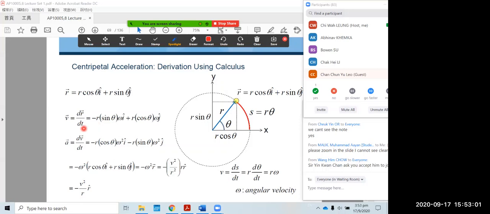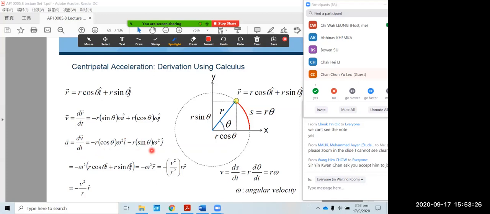For those of you who have learned calculus, it is simple. For those of you who do not know calculus, it is ugly. In any case, we forget about them. Similarly, acceleration is the derivative of the velocity with respect to time. Again, the operations, we forget about them.